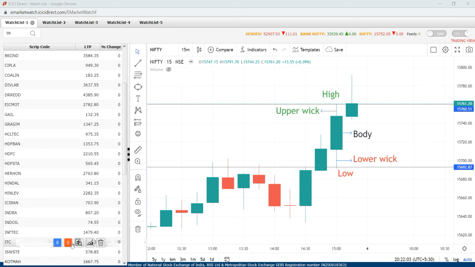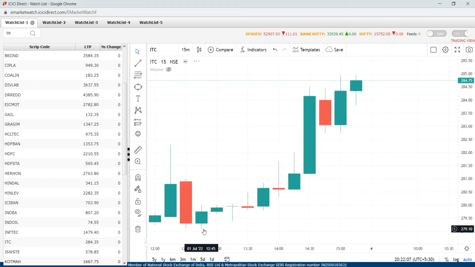Let me take an example of ITC. Say this particular candle. As I said, when you're analyzing a candle, it has four important components: open, high, low and close. Every candle will show you open, high, low and close, and this depends on the time frame you choose.